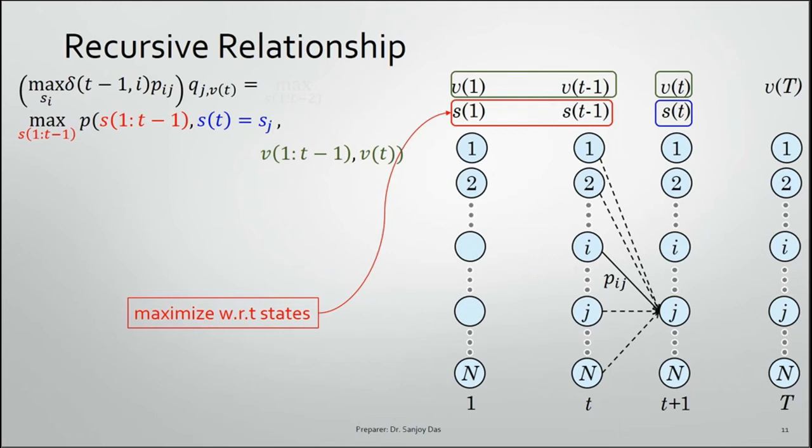On the left-hand side I have Qj(Vt), which is the emission probability of emitting this output symbol Vt given state Sj. And this condition includes state St equals Sj.